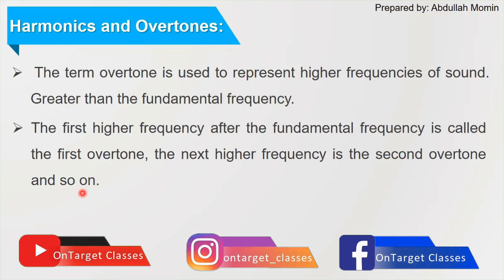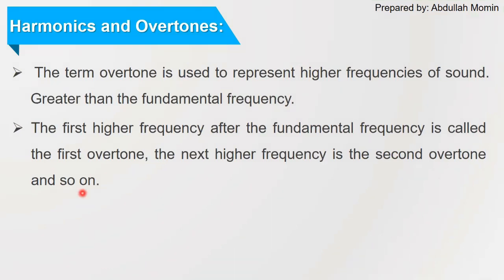So overtone means the frequencies which are actually present in a given sound, and they should be greater than or other than the fundamental frequency. The fundamental frequency is called the first harmonic.